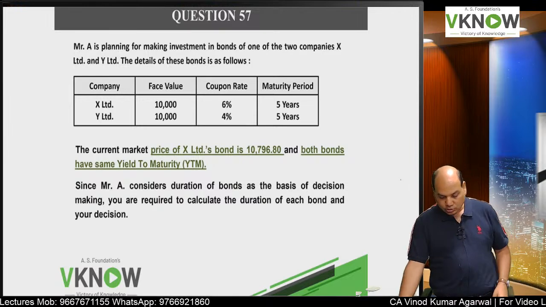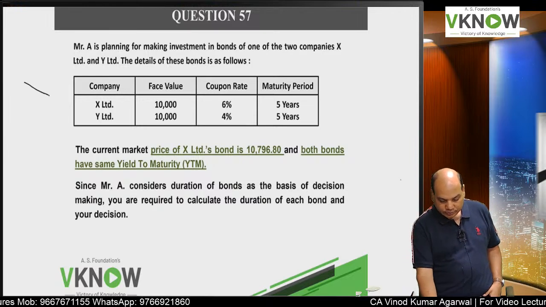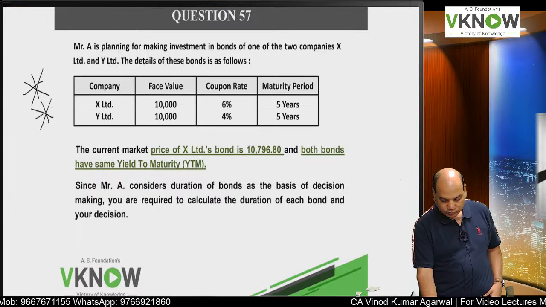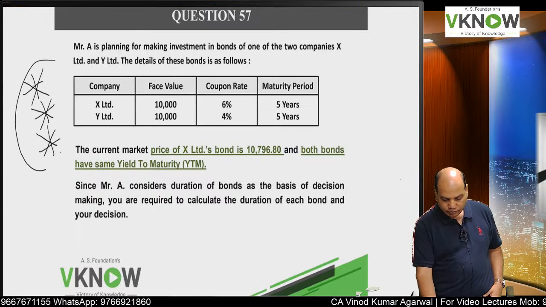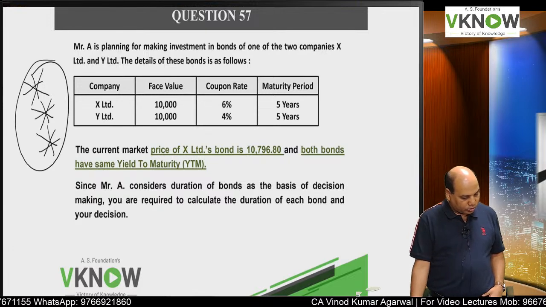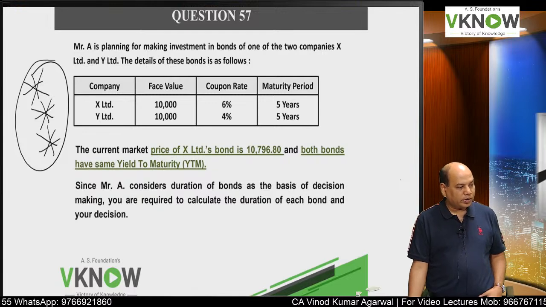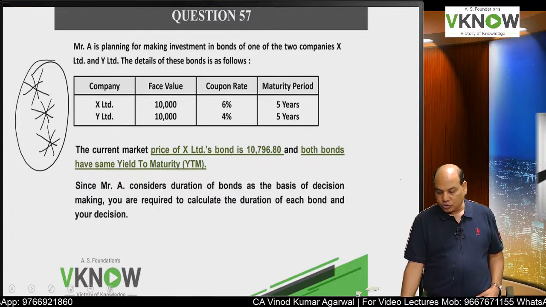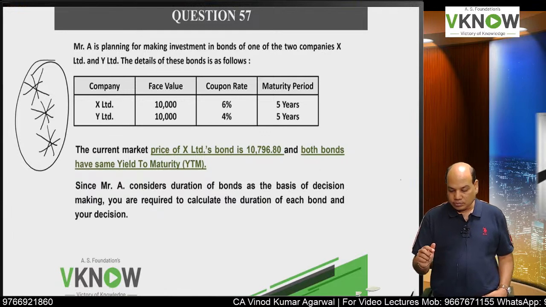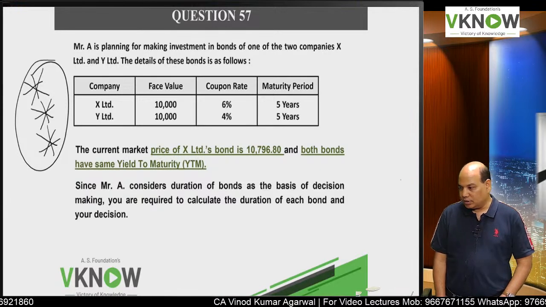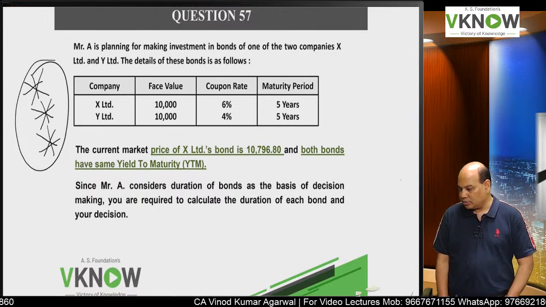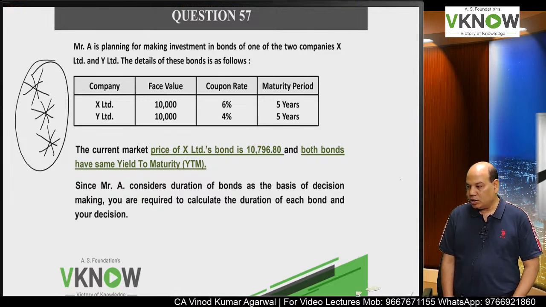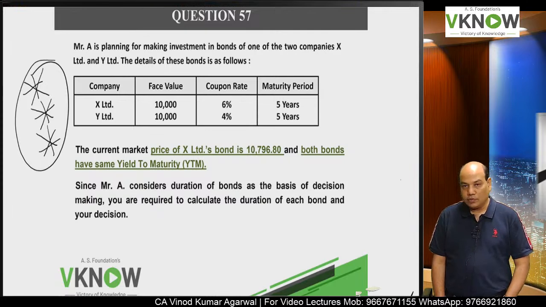So this question also you mark important. The source I have not written, but it is from one of the institute publications. This is important. Institute has asked this question in one of the exams or MTP, RTP.